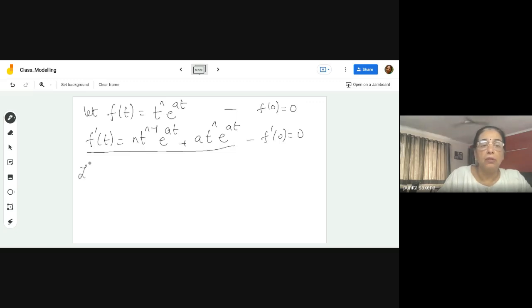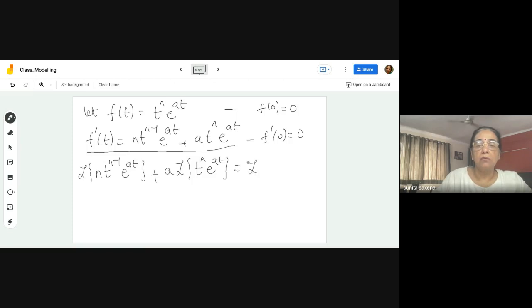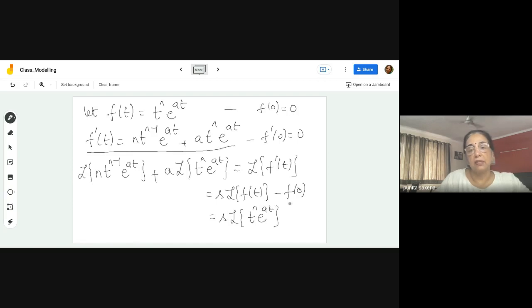Now this means Laplace transform of n t to the power n minus 1 e to the power at plus a into Laplace transform of t to the power n e to the power at is equal to Laplace transform of f dash t, which is actually nothing but s times Laplace transform of f(t) minus f at 0, which is actually nothing but s times the Laplace transform of t to the power n e to the power at. That's it, because f at 0 is 0, right?